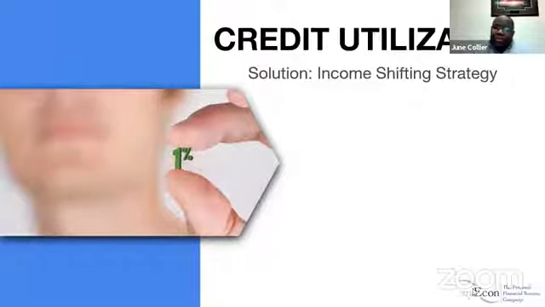With income shifting, we show you how to find money to begin to pay down your debts. See, credit utilization is this: you've got a credit card with a $1,000 line of credit, and you've used all $1,000. You ran that credit card up to $1,000. That means you have 100% credit utilization.